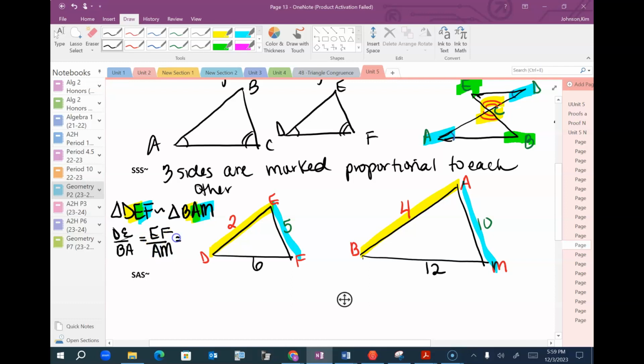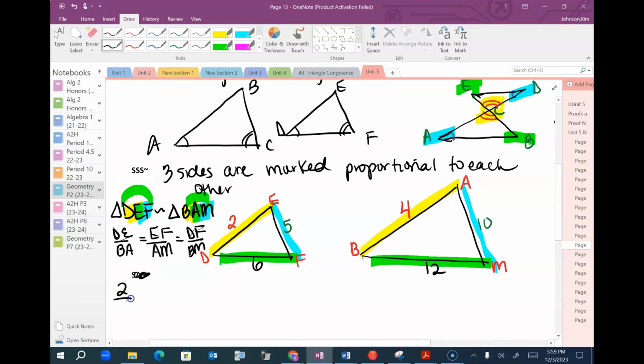And that ratio has to be the same as the final ratio of DF to BM. And again, this is what we did last week, Friday, where we matched up all the sides and checked the ratios.